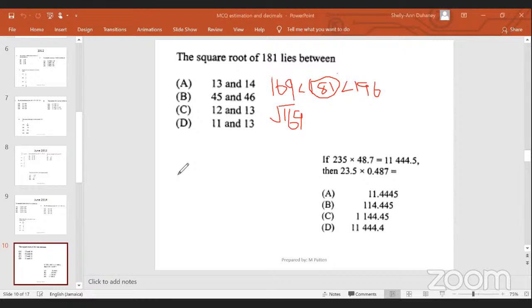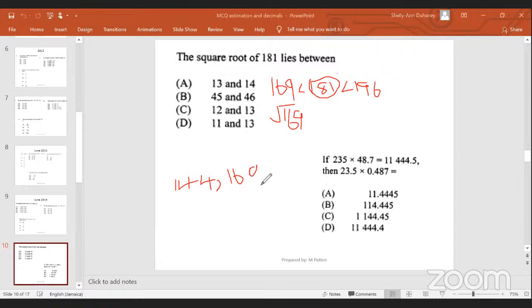That's not a square number. What is a square number? 169. 144, good job. 12 twelves is 144. What's the next square number? 169. Good.